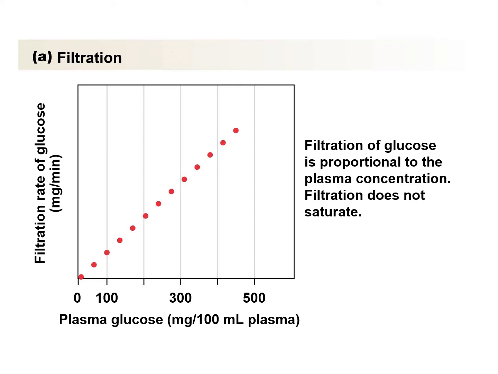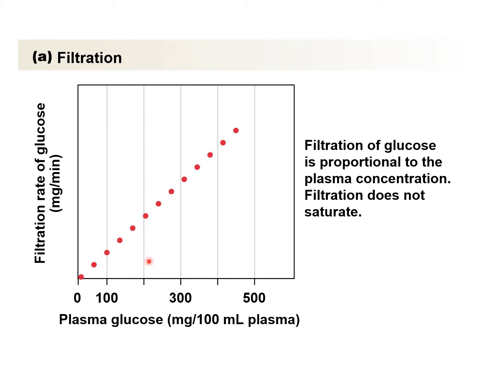Filtration, the part of the glomerulus with the capillaries that are fenestrated, always obeys what we call first order kinetics. That is to say, there's a direct proportion of concentration in the blood to whatever makes it into the filtrate. So if something filters, it's going to filter in a linear progression as concentration increases.